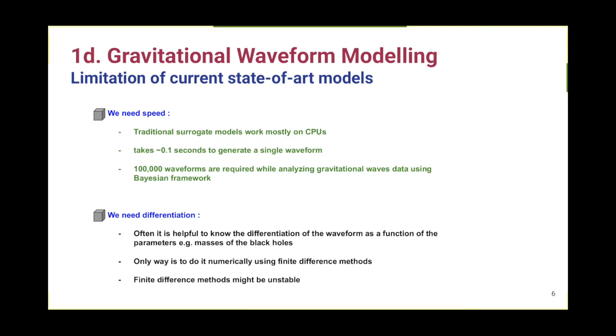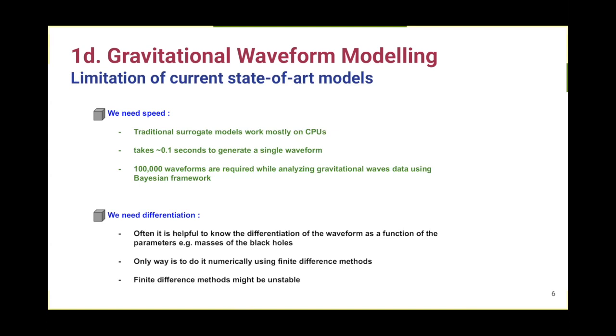However, these models run on CPUs, and they can only generate one single waveform in 0.1 second. But if we are doing a Bayesian analysis of the signal, we generally require 10 to the power 5, 10 to the power 6 waveform evaluations. So even 0.1 second sometimes can be expensive. So there should be some framework that can give us waveforms much quicker.